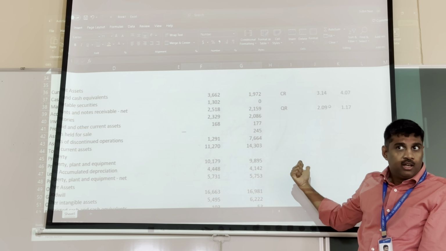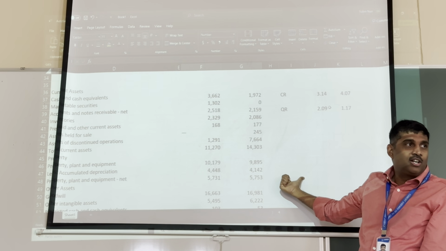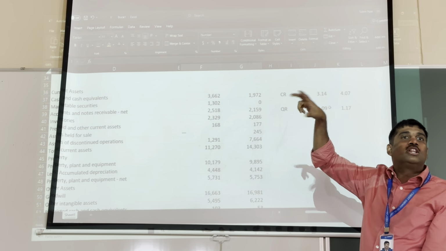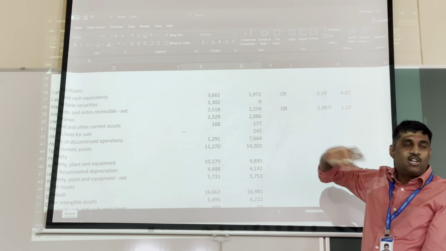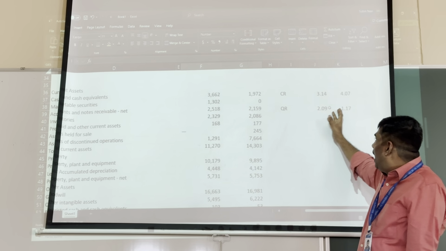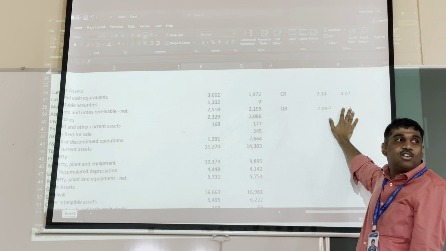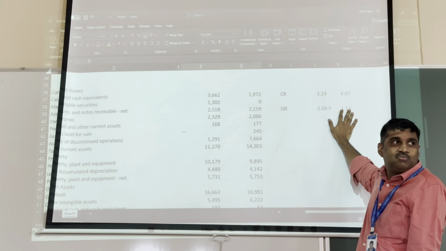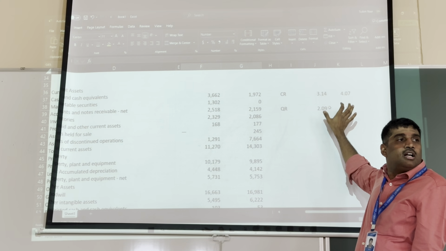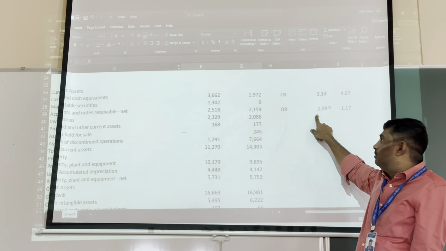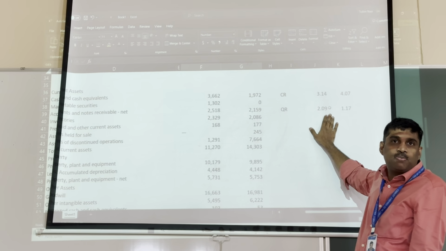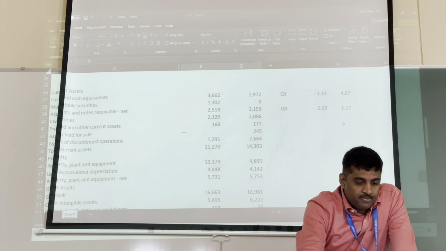What we have done here is we have determined the real liquidity, because those one-off liabilities will not be there consistently. Liquidity has improved actually. At least from a quick ratio perspective, we are sure about it.